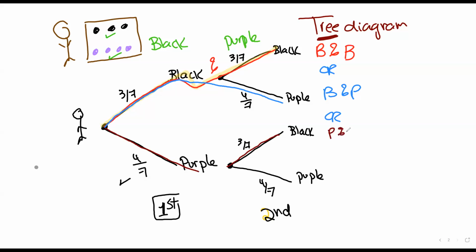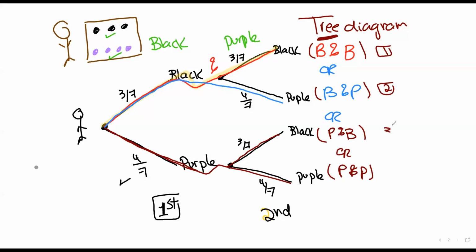So purple and black. And then the last option will be purple and purple. So he has, as you can see, 4 options: 1, 2, 3, and 4. These are the options that Omar has.